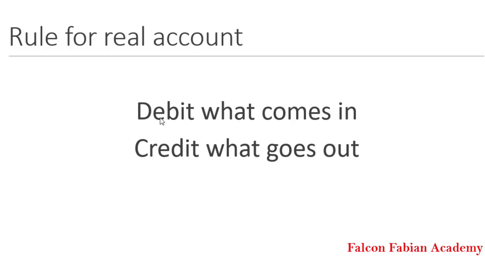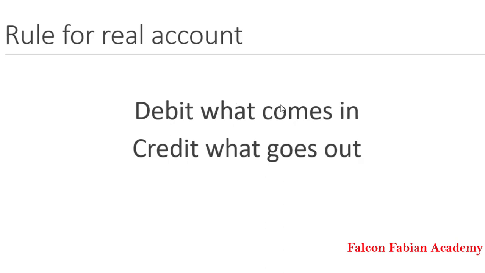So if there is an asset that is coming in the business, then you will debit it, and if the asset is going out of the business, you will credit it. So if the business is buying an asset, you will debit it, and if the business is selling an asset, you will credit it. And the meaning of debit and credit is already covered in another video, which you can watch after this video.